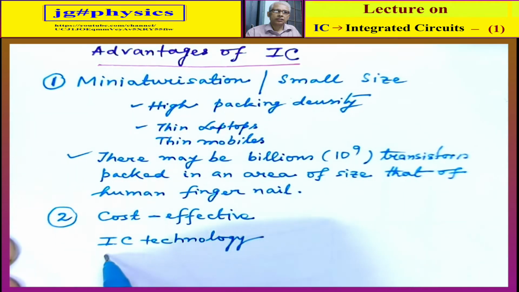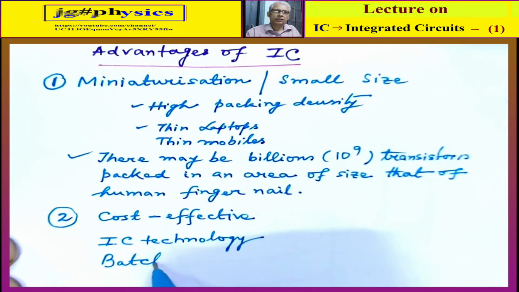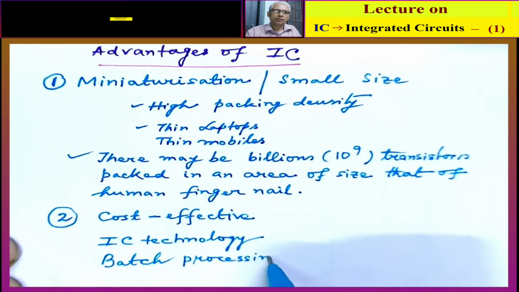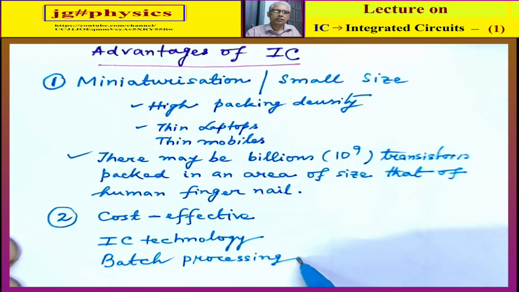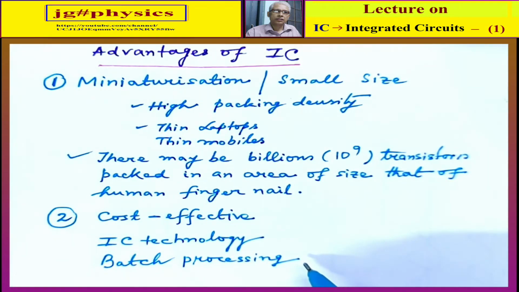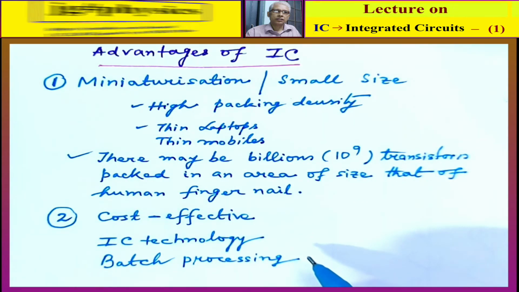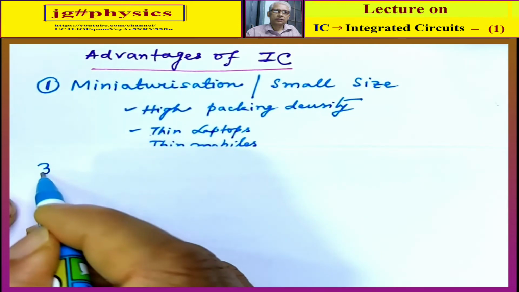Designing and fabrication of integrated circuit is a costly thing. So to make it cost effective, high production volume is required. Hence, batch processing or batch manufacture is done. That is, large number of ICs are produced at one go. And it so happens that the individual components are costlier than an IC chip.